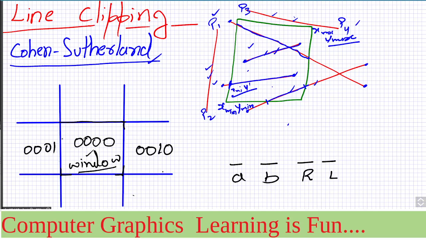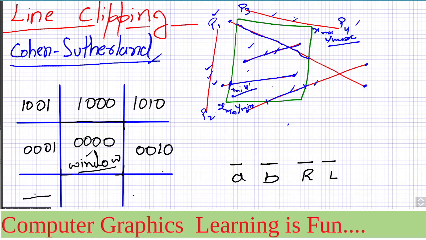Now can you tell me what is this portion? What will be the code for this portion? 1 0 0 0. Okay, for this portion it is above, 1 0 1 0. Similarly, this portion it is above, not below, and here it is on the left side. Here what it will be?